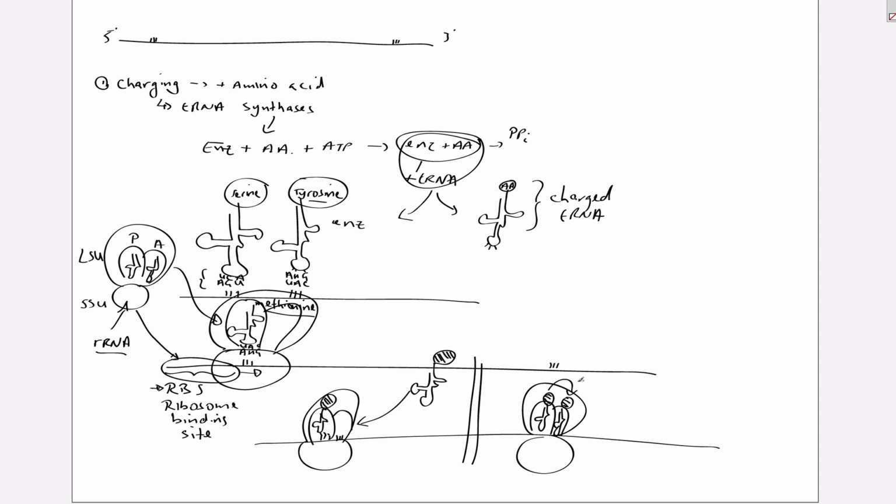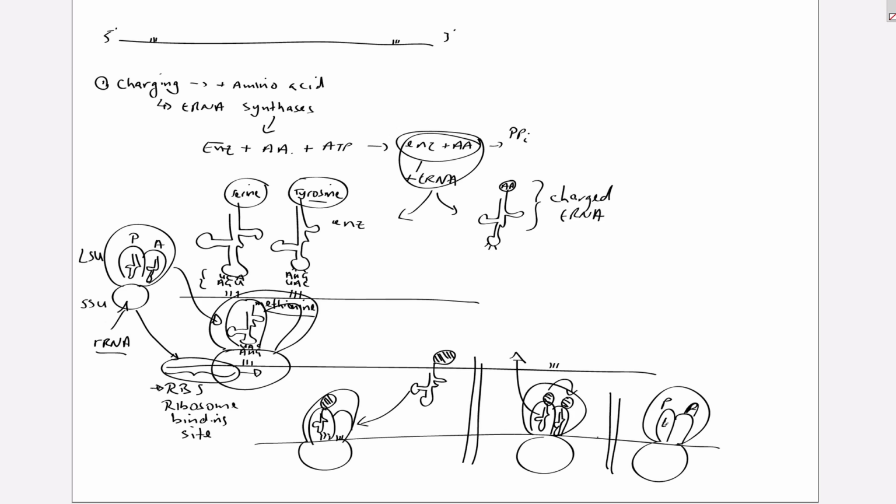It's what we call translocated. The next thing that happens is that the methionine transfer RNA is kicked out. The ribosome shifts up by 3 base pairs, so that now, once again, we have a free A site, and the P site is occupied.